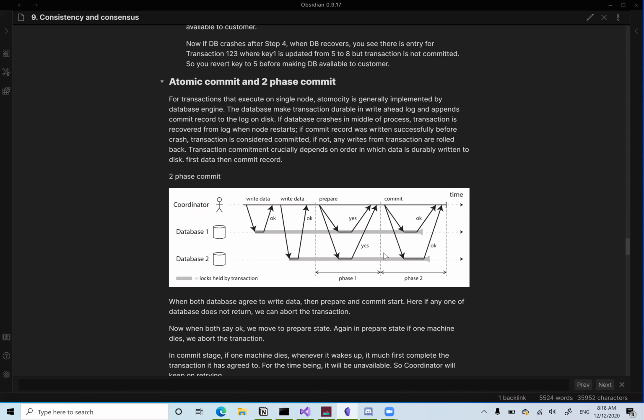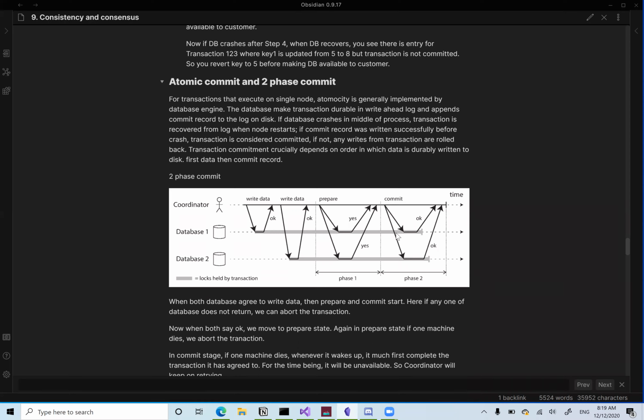Now nobody can access these rows because they are locked. At this point these databases have agreed to commit the value, and now they cannot go back and abort.